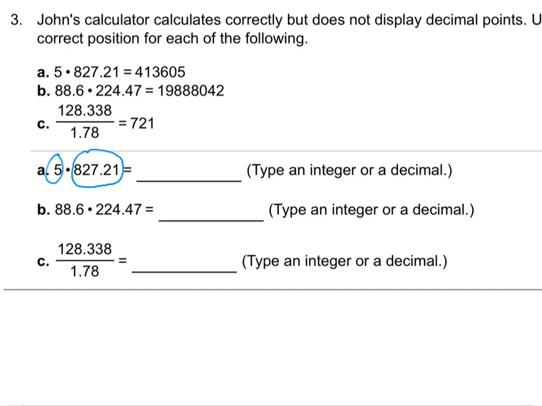It equals 413,605 with a decimal somewhere. That makes sense? They're telling me the digits, and they want me to figure out where the decimal goes. So can you put the decimal in there? How do we know where the decimal goes?